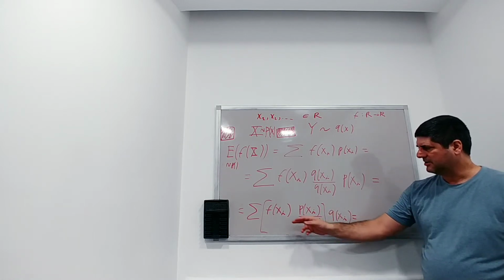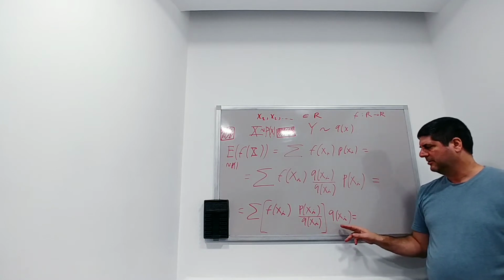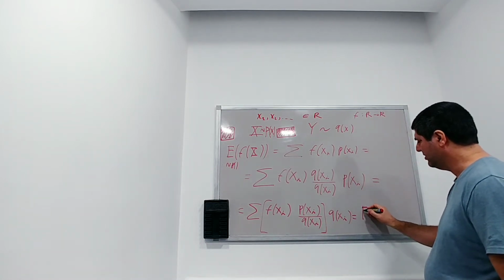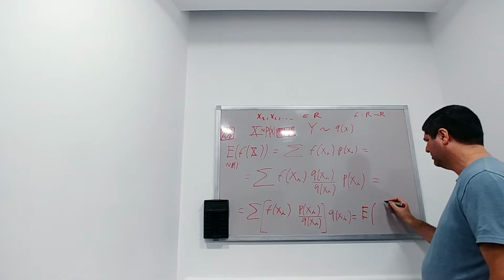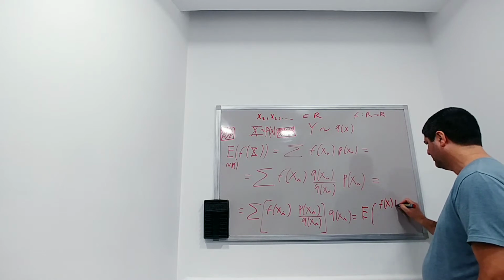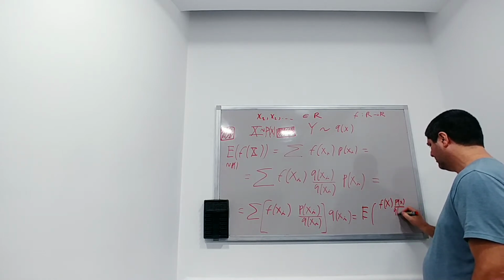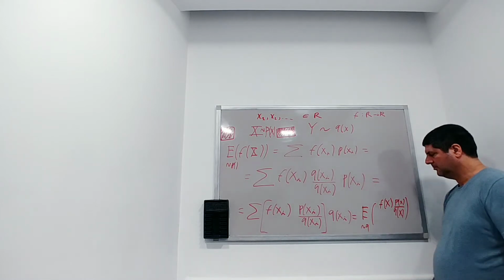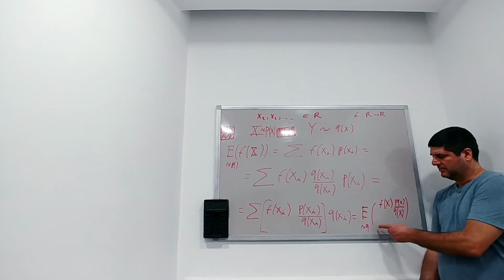So you see this is an average of this function under Q. So basically this is another way to say the average of f under Q.